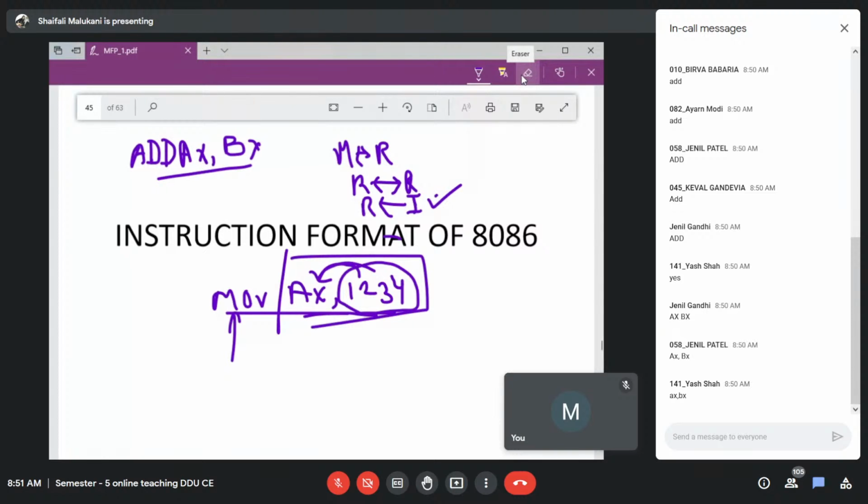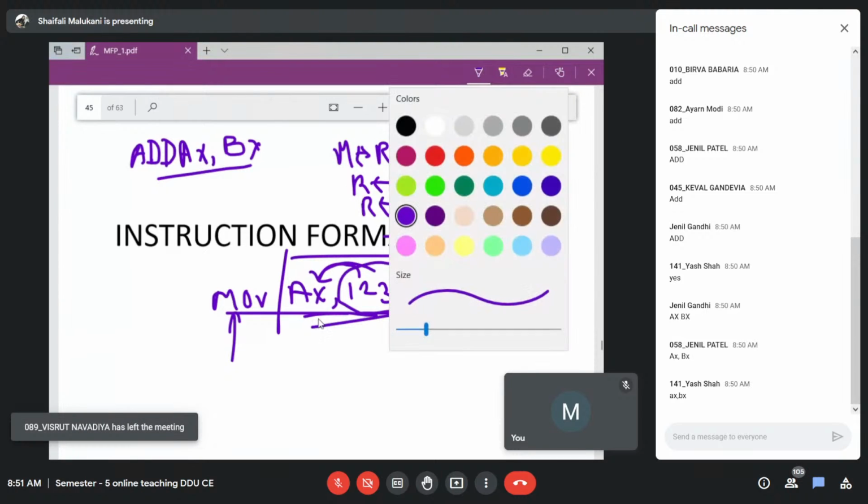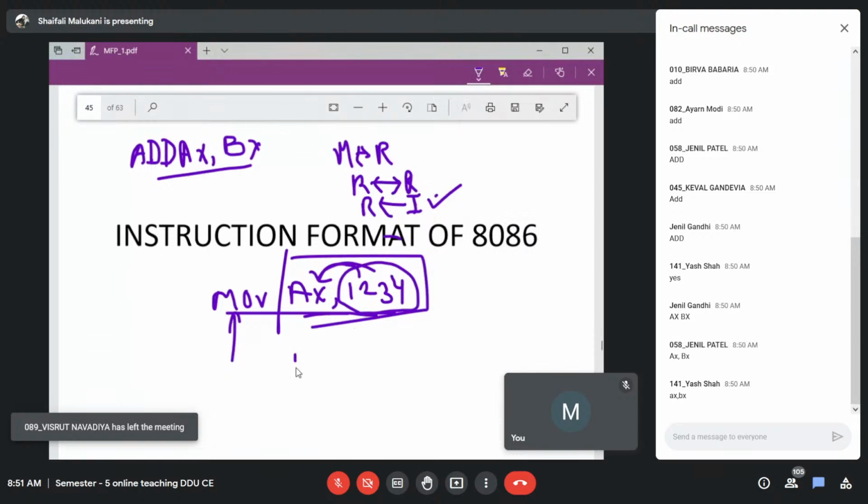Now, what is the instruction template? Every instruction has a template. If I have a move, move has its own template. I am taking one case, register to immediate transfer. Can I say this is one instruction? Another instruction possible is move BX, 1234.